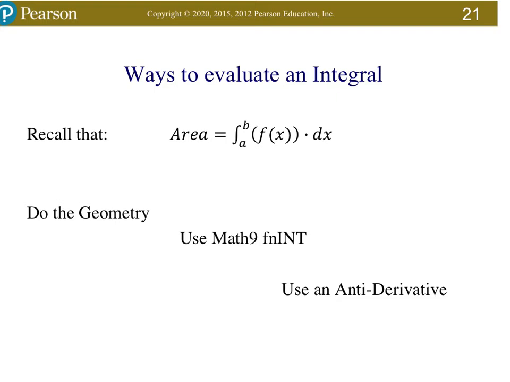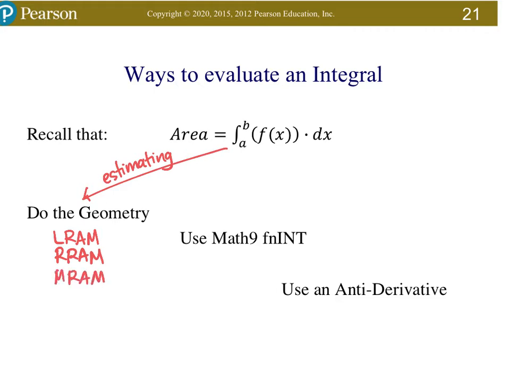And we started with estimating, and the estimating comes by doing the geometry, and the geometry is the different rams that we have, each ram getting a little bit better, and then also the geometry of trapezoids, and then also the geometry of other shapes. But again, those are only so good. There's always a little bit of error, and those are always estimating.